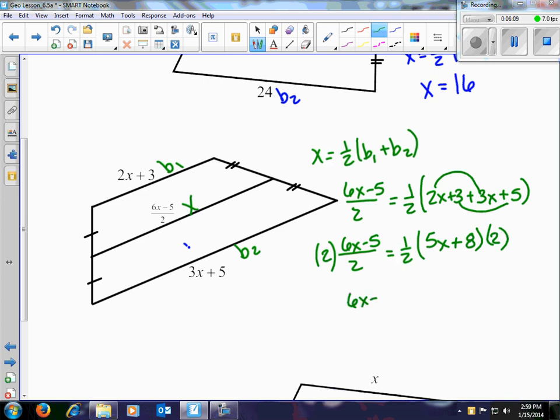So now I have 6x minus 5 is equal to 5x plus 8. And I can subtract 5x just like a normal equation. Then I have x minus 5 equals 8. Add 5 to both sides. So I have x is equal to 13. Now, I could also find my lengths of all these sides by plugging in my x equals 13 into these equations.